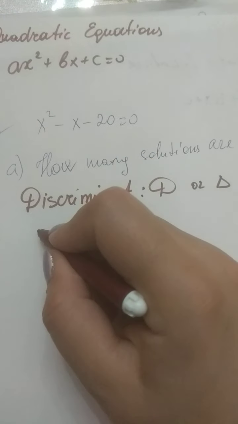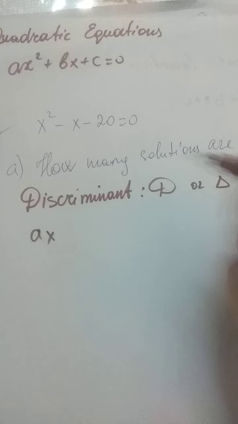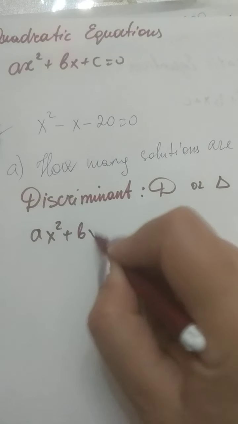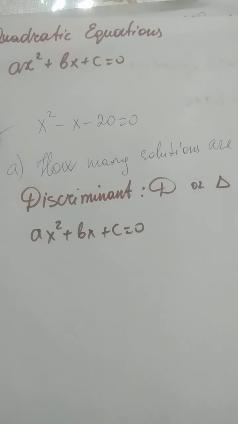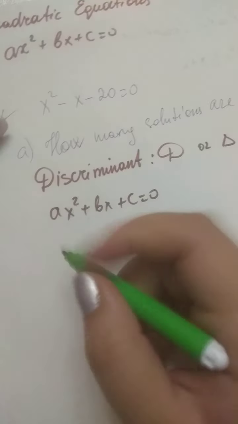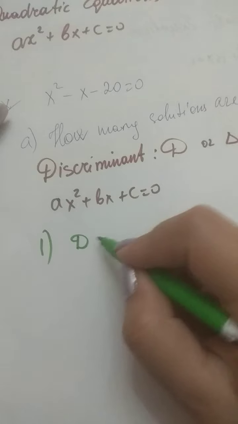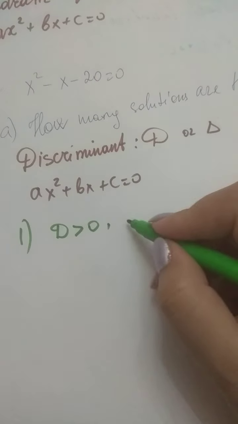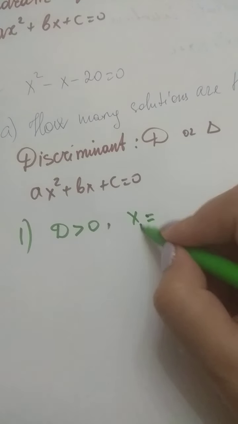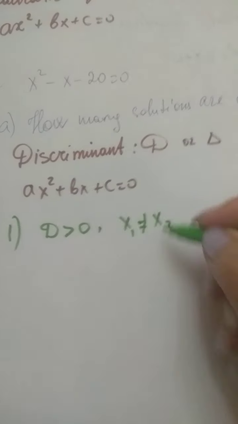Guys, in discriminant, for example, if you have an equation ax squared plus bx plus c is equal to 0, then you want to check the discriminant. First one, if discriminant is greater than 0, this means you have 2 different roots, x1 and x2, they are different.